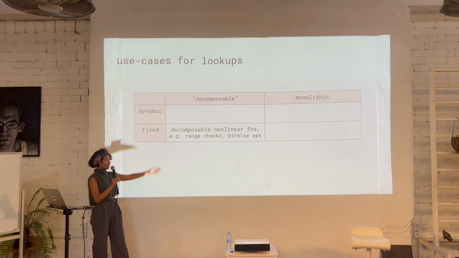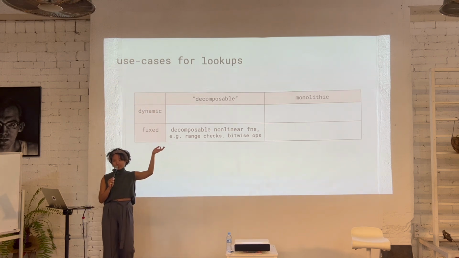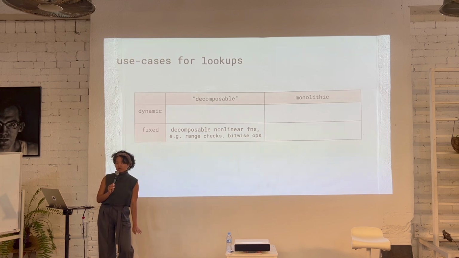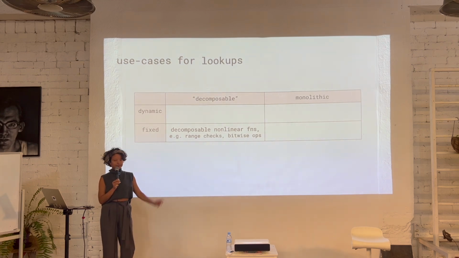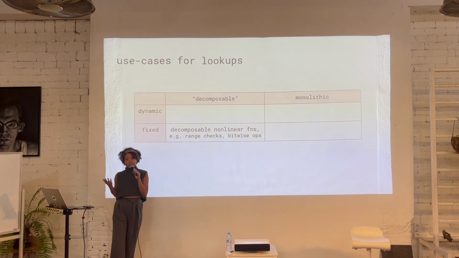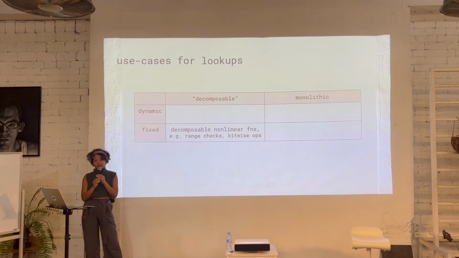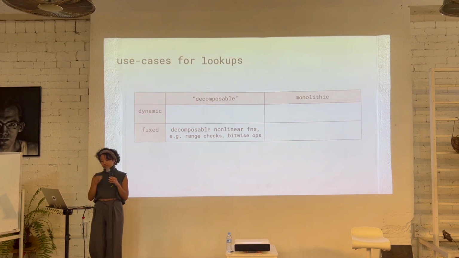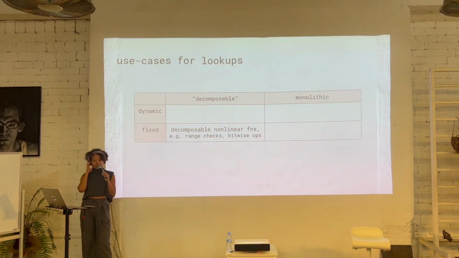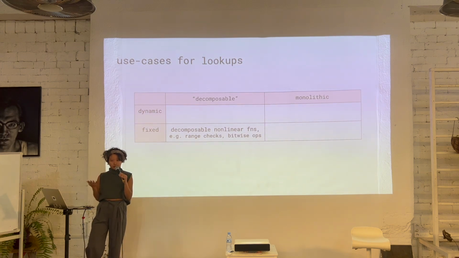For example, range checks: literally, your table is just an enumeration of all 13-bit values, let's say. Bitwise operations: your table is just enumerating all 2-bit inputs, let's say. And these are decomposable in that, for example, when computing an XOR, you can separate the input into smaller chunks, XOR those, and then recompose the output to the same effect.